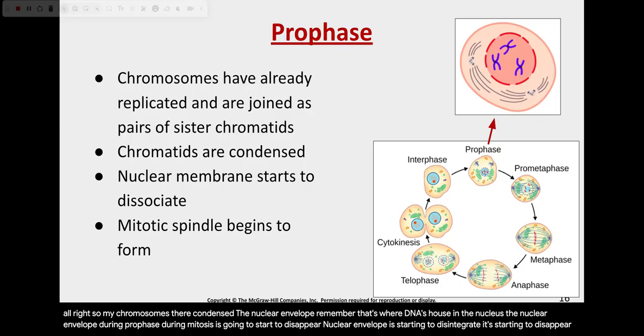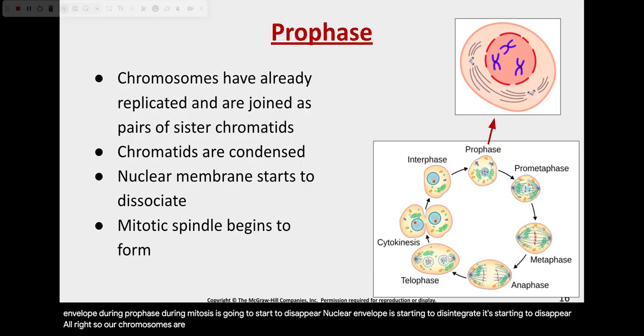All right, so our chromosomes are condensed. Our nuclear envelope is starting to disappear. We have one more thing that is happening here, and that's the mitotic spindle starting to form. So I'm going to draw it on my drawing, and then I will explain what the mitotic spindle is. I'm going to draw it as two dots with some lines starting to come out of it.